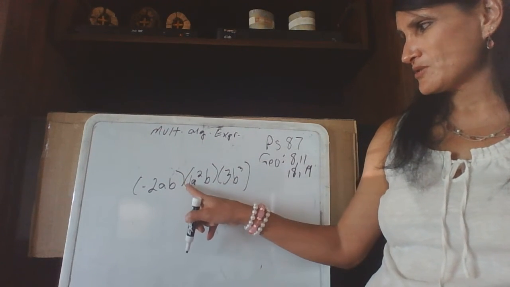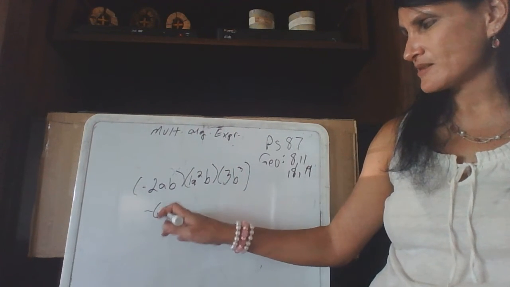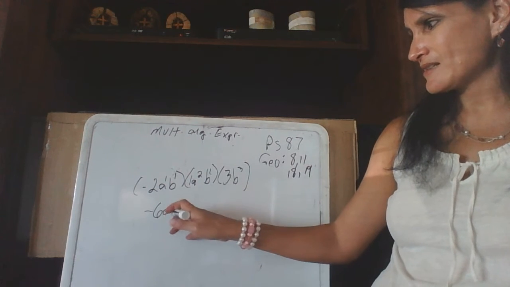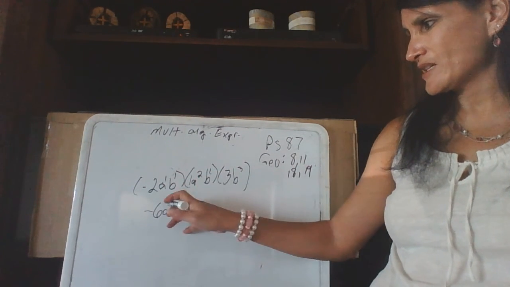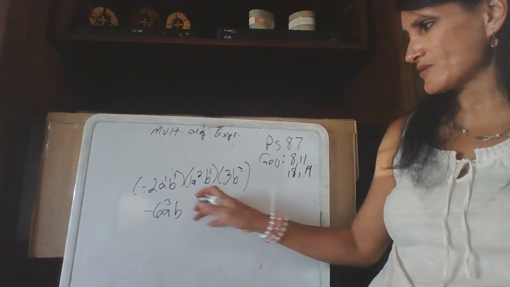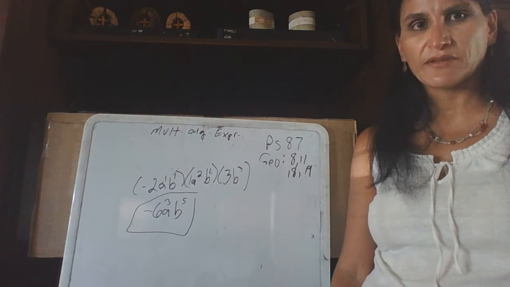Negative 2 times 1 is negative 2. Negative 2 times 3 is negative 6. I'm going to put 1s, and I'm going to add the a's and the b's. So a, 1 plus 2 is 3. 1 plus 1 is 2, plus 3 is 5. So it's negative 6, a to the third, b to the fifth.